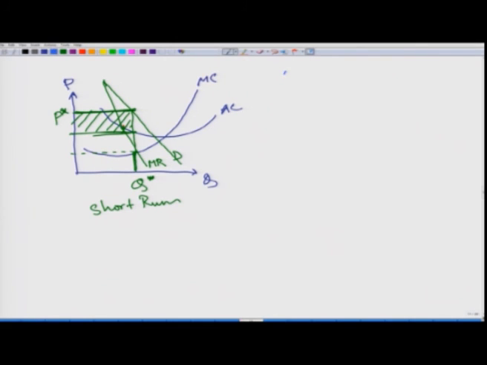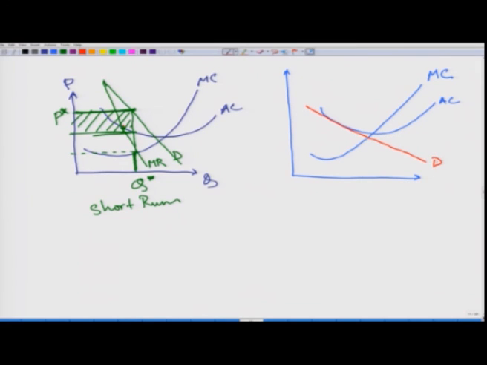But what eventually happens in a long run framework is, I will have my average cost curve, marginal cost curve, and a demand curve now which is tangential to the average cost curve, and my marginal revenue curve will be something like this.